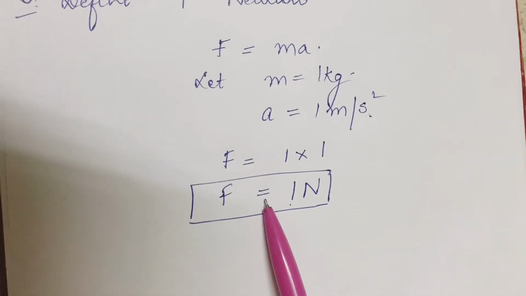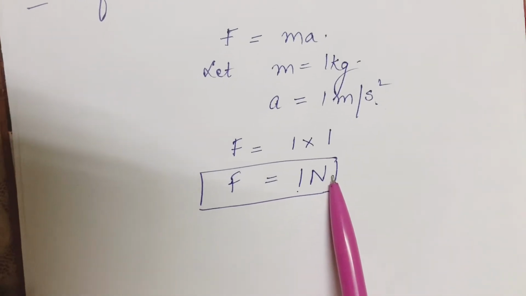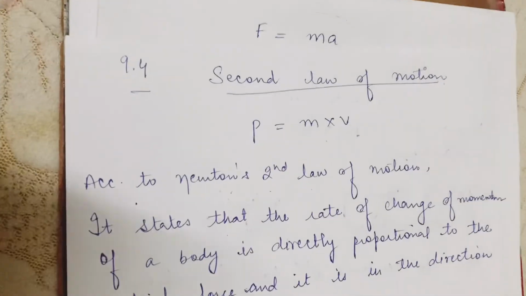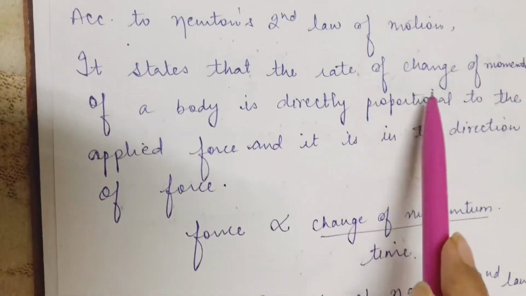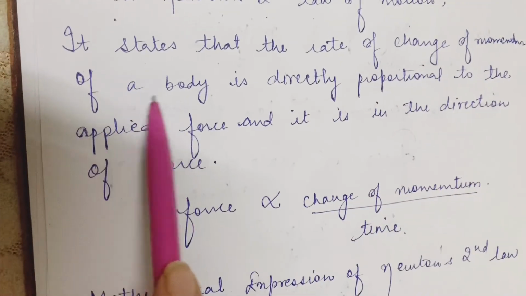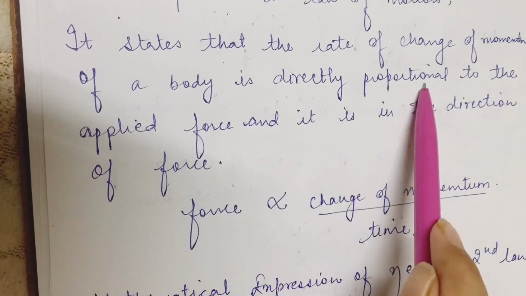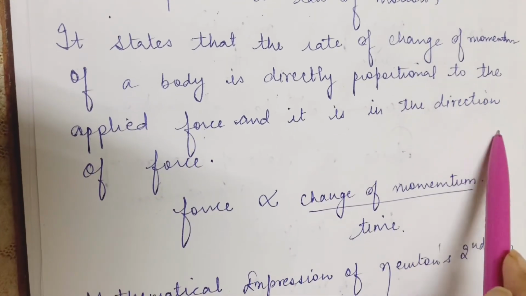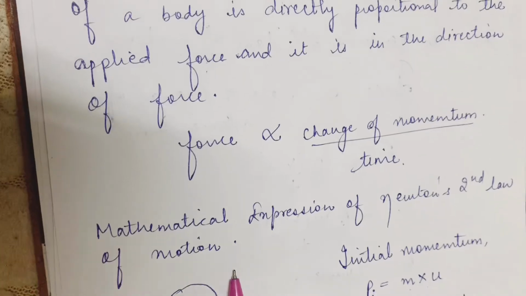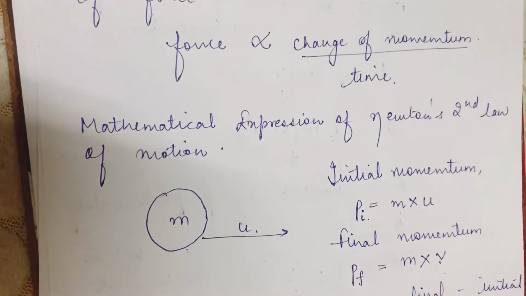So this is all about Newton's second law of motion. Again, I'm going to discuss it with you. Newton's second law of motion states that the rate of change of momentum of a body is directly proportional to the applied force and it is in the direction of the force. We discovered how to calculate it mathematically.